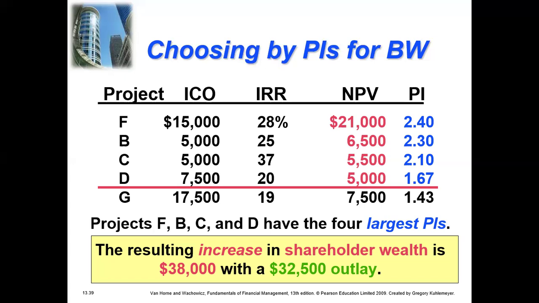So here we can see the increase in wealth is $38,500, and this is far better than 27,000 and 28,500.